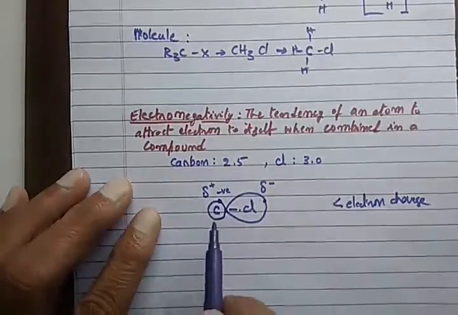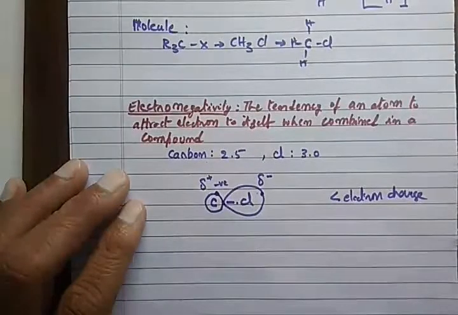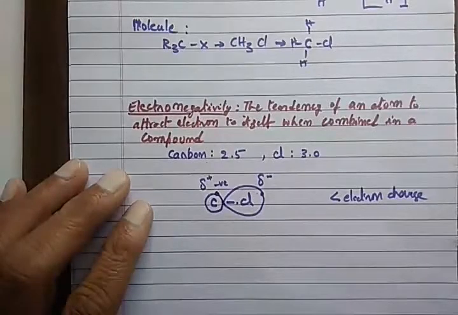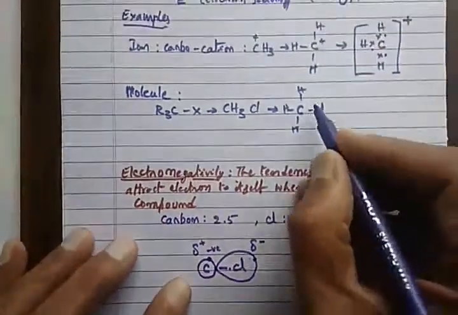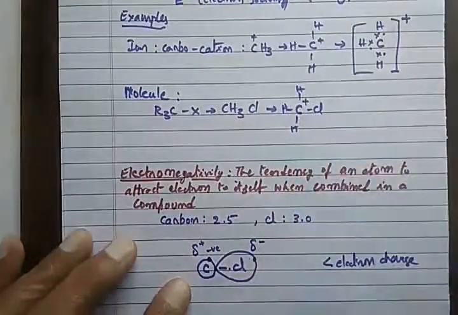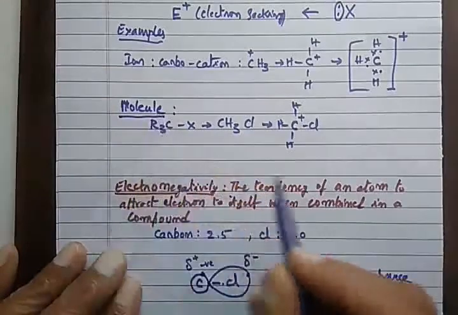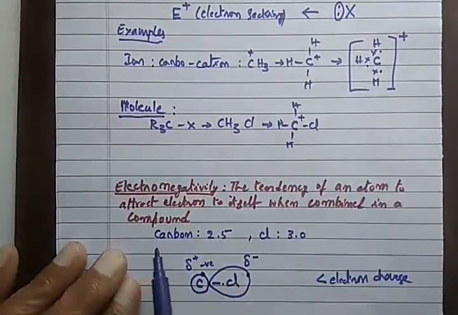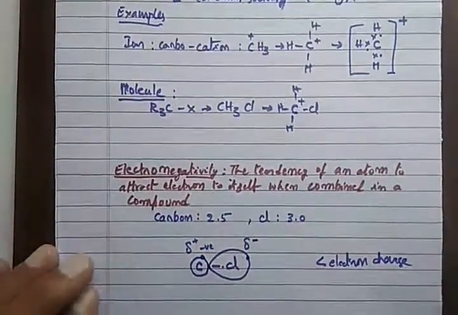But in this kind of situation, you will get a charge which is smaller than the charge on the electron. For this reason, this carbon will have a slightly positive charge, and the molecule acts like an electrophile. This also we will see in an example.